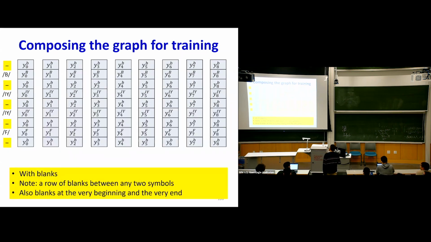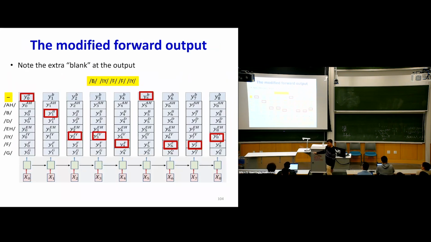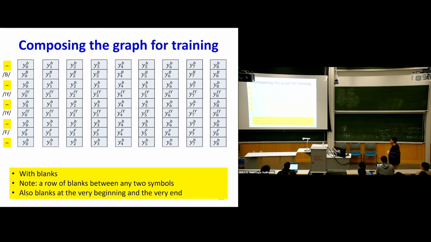So the way I will do it is, now observe that here's something I wanted you to see, that you could get a blank even in the first position. You could similarly also get a blank in the last position, right? And so here is the modified graph. My first symbol could be a blank or could be a B, right?